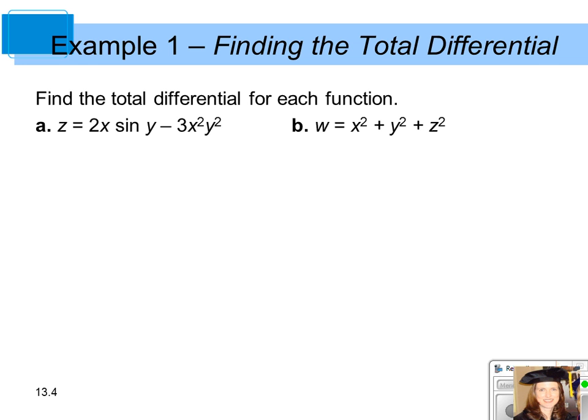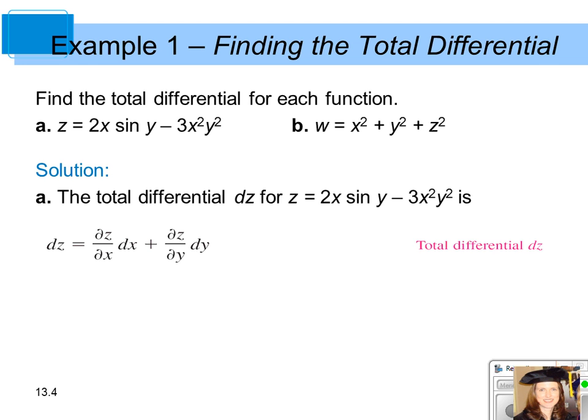You're going to add the partial derivative with respect to y times the differential y. And then for part B, w is a function of x squared, y squared, and z squared. You're going to take the partial of w with respect to x times dx, plus the partial of w with respect to y times dy, plus the partial derivative of w with respect to z times dz.